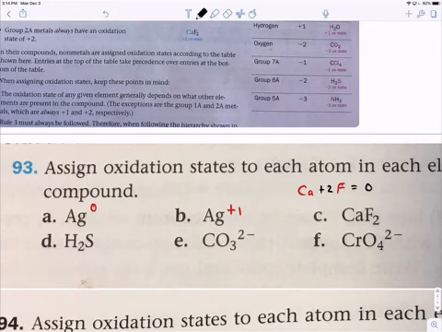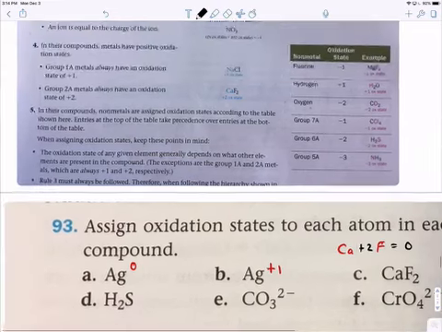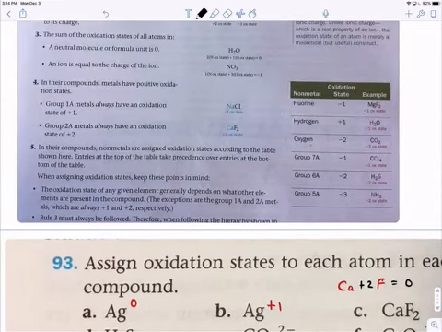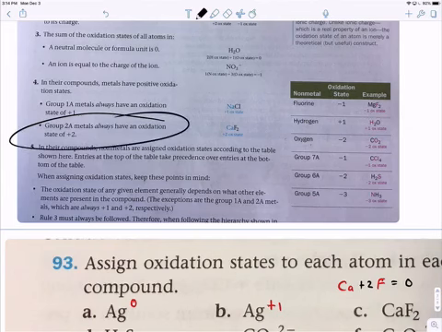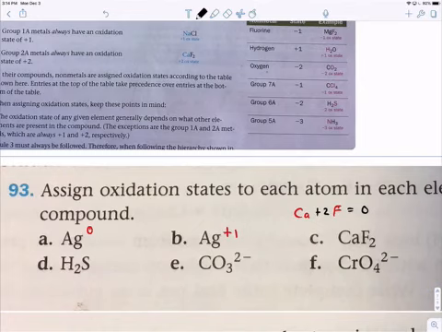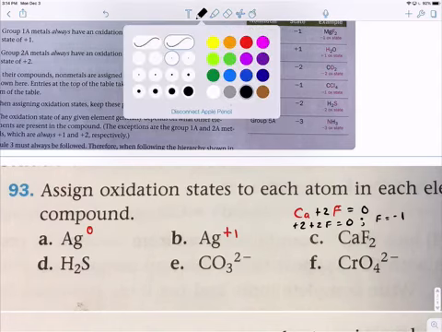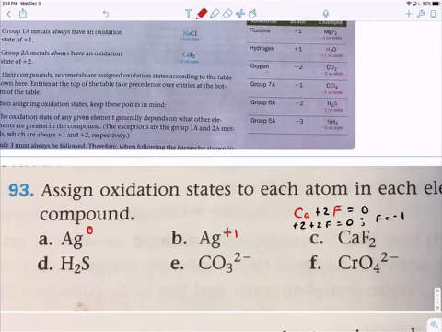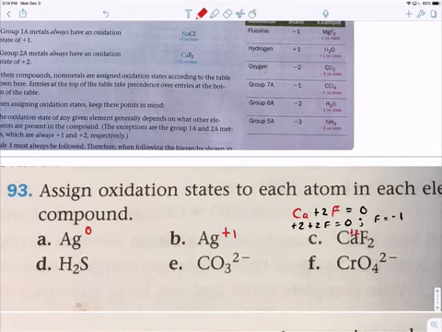And then we have to go back to the chart, and alkaline earth metals have an oxidation state of plus 2. So that means calcium is plus 2. So plus 2 plus 2F equals 0. That means fluorine is minus 1. So calcium is plus 2 and fluorine is minus 1.